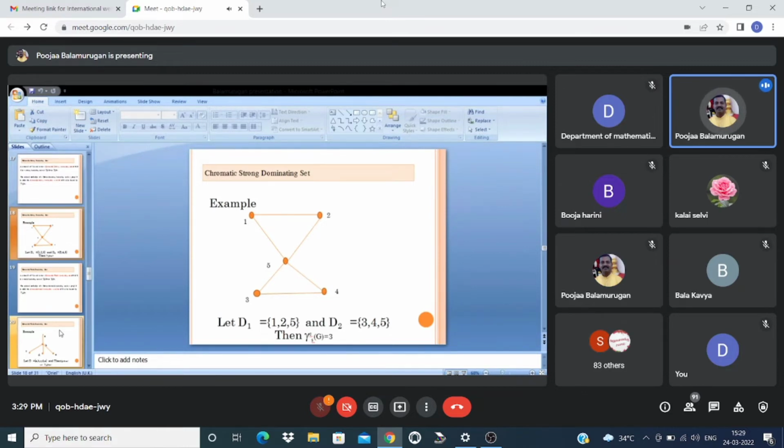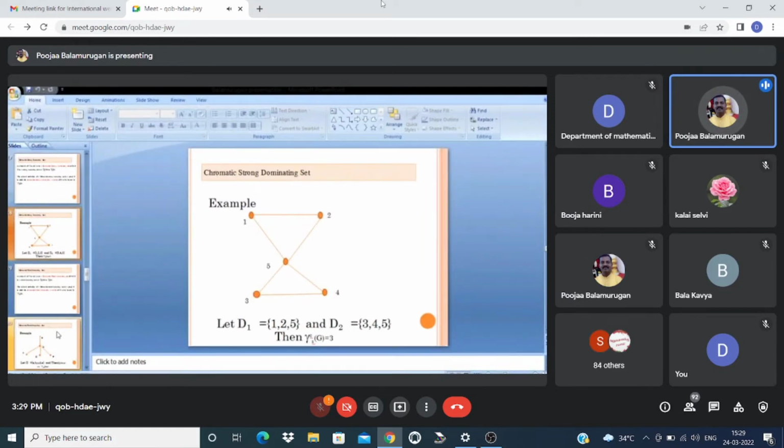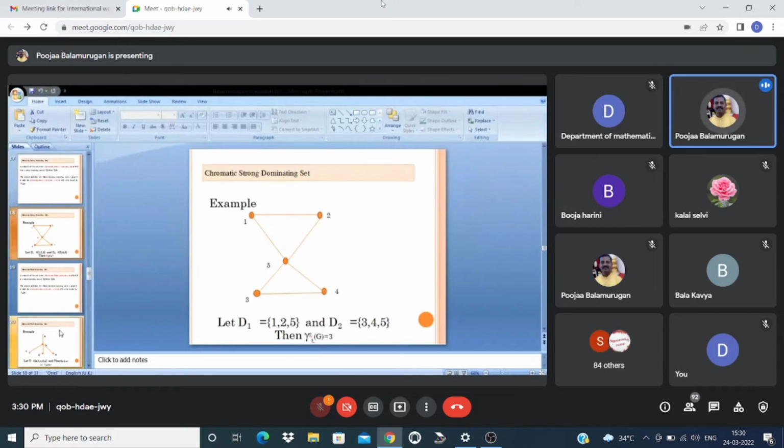The induced graph of D1 is one cycle, and the induced graph of D2 is also a cycle with 3 vertices. So the coloring of the original graph is always 3, and the induced graph of D1 is also 3.